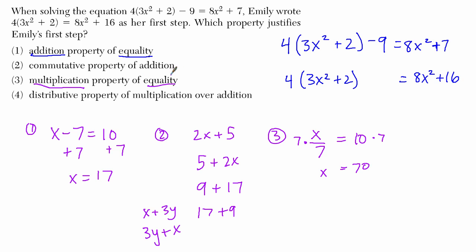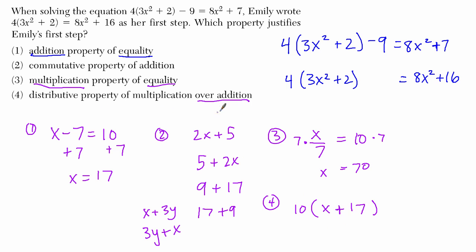And then number 4, the distributive property of multiplication over addition. If you recall, that involves taking some quantity on the outside of parentheses, like maybe 10, and something inside the parentheses, another quantity, added together. So something like 10 times the quantity x plus 17.